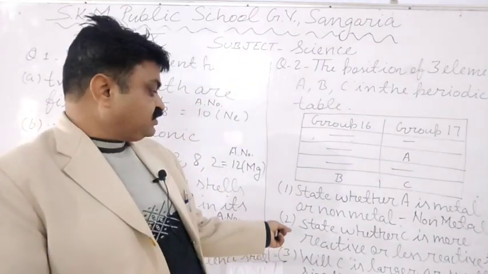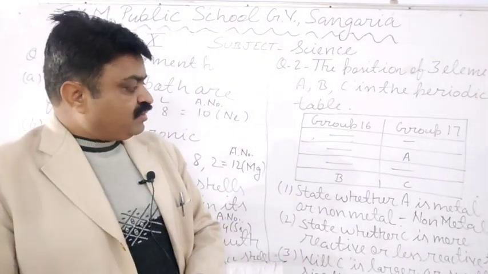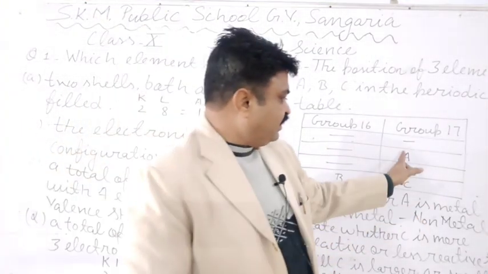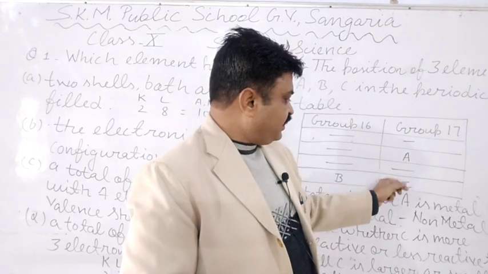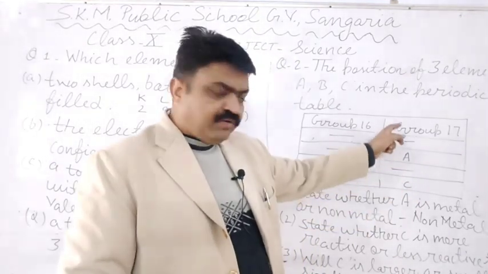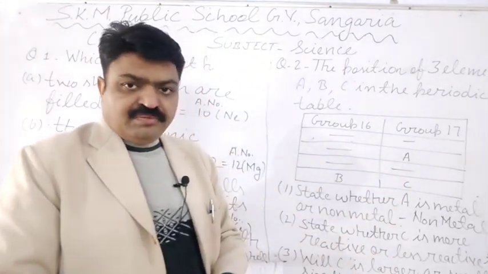Next question is: state whether C is more reactive or less reactive if we compare it with A. C is found in group 17 and A and C come in the same group.